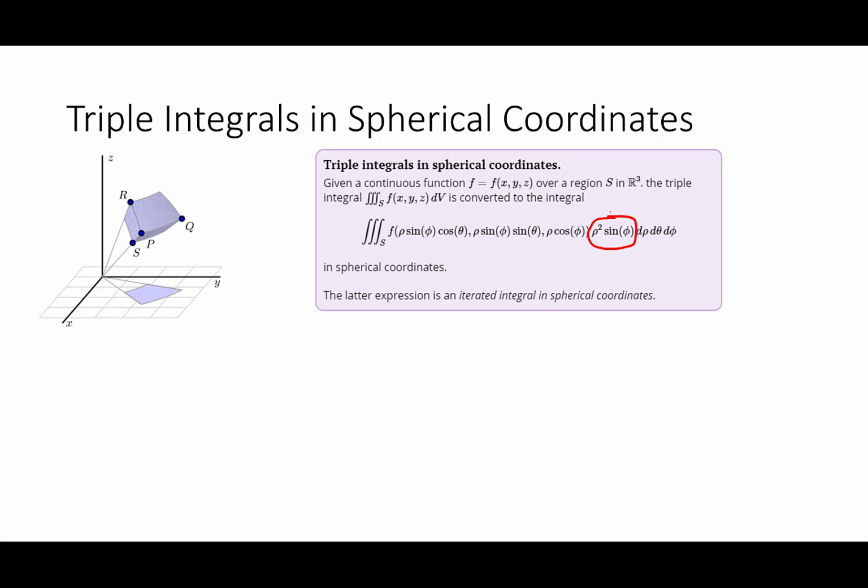The reason for that is when we break up our solid in spherical coordinates, our rectangular boxes are transformed into these spherical boxes, for lack of a better word. The volume of the spherical box is going to be altered by this factor, so that's why we have to incorporate that as well. Let's go ahead and see an example.